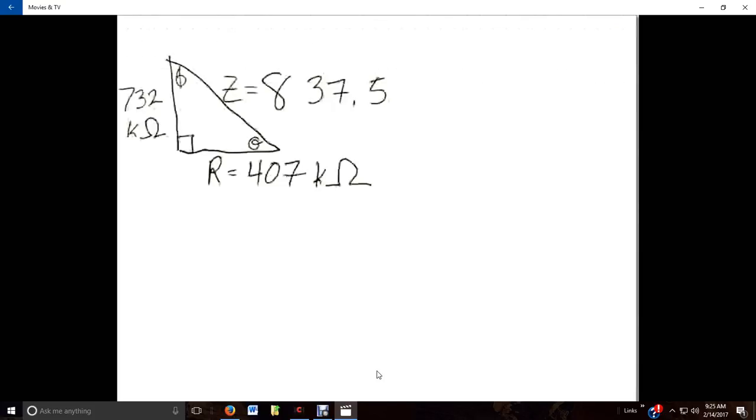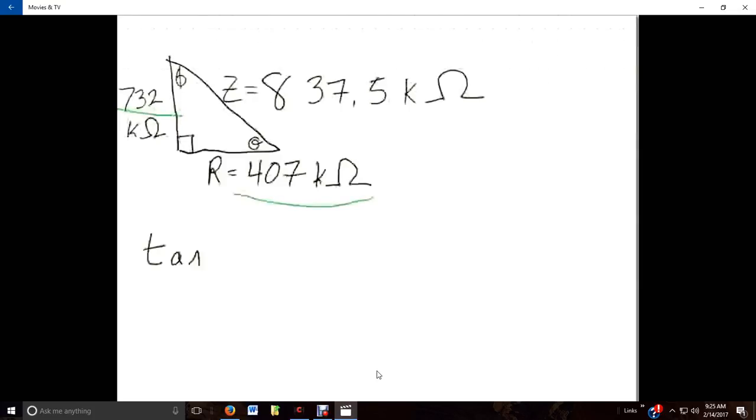Now, how do we deal with the theta and phi? Well, I like to use numbers that were given to me, if at all possible. So since I was given the 407 and I was given the 732, I want to use those numbers and come up with something that relates those two numbers to theta.